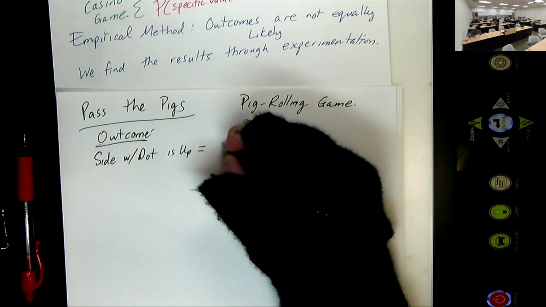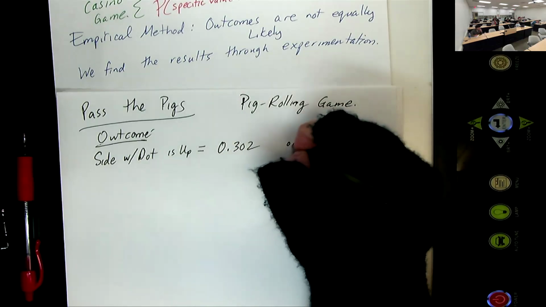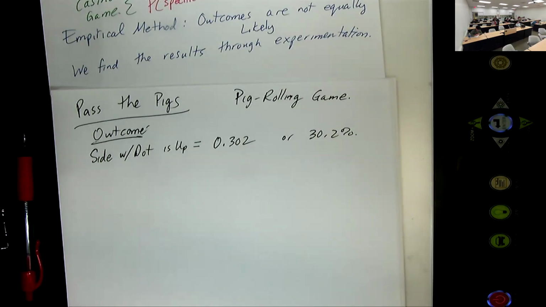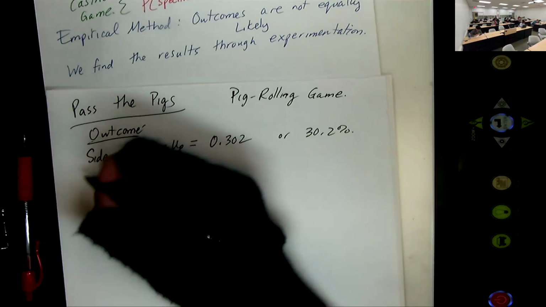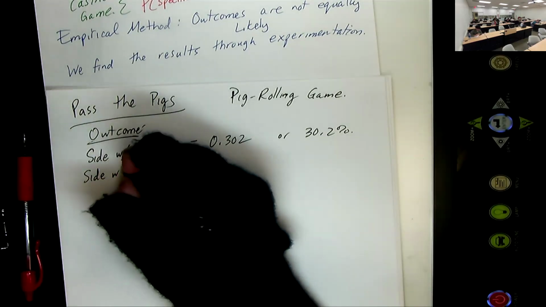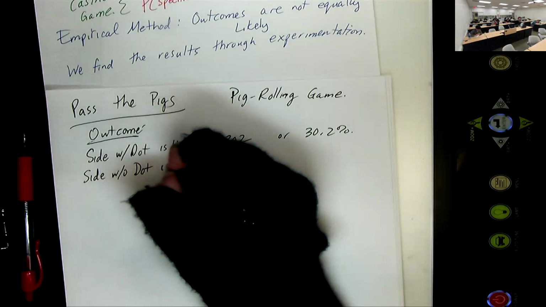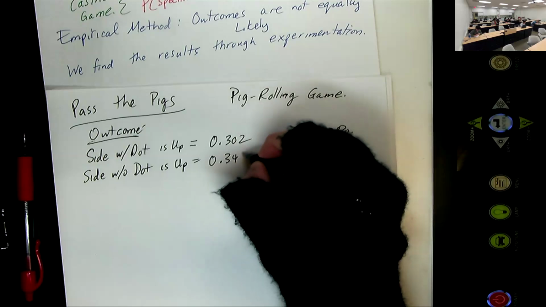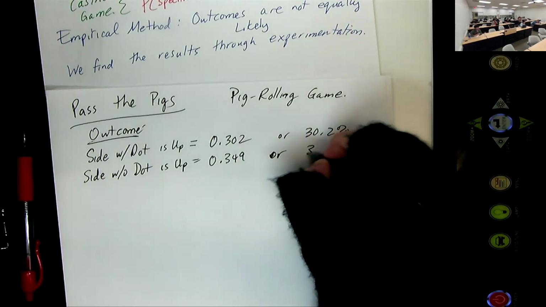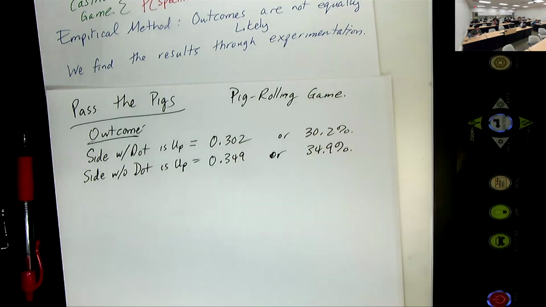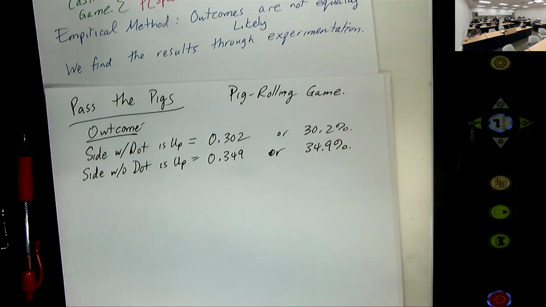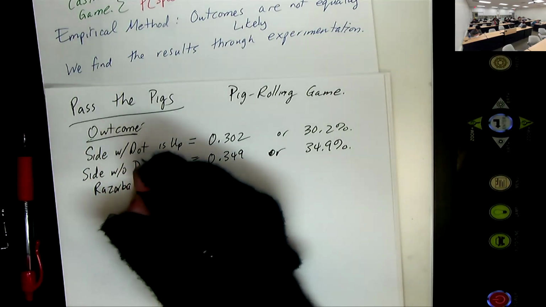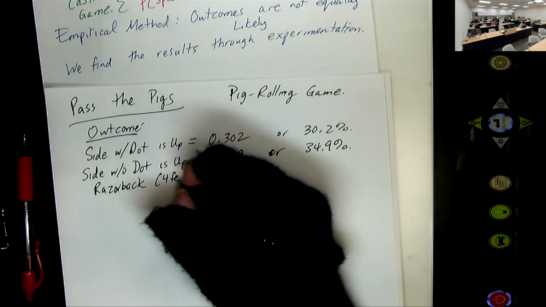It happens 0.302 or 30.2% of the time. Side without dot is up, 0.349 or 34.9%. A razorback is when they land on their back, so 4 feet are in the air.